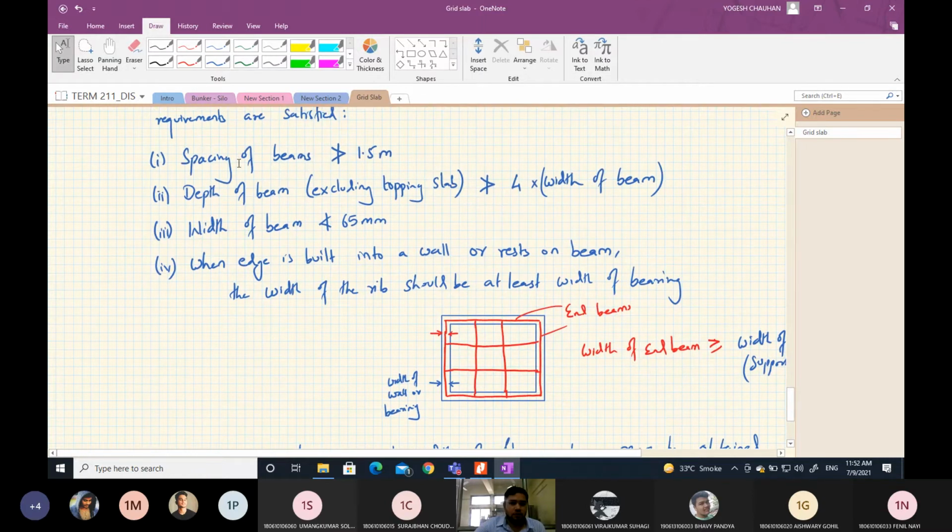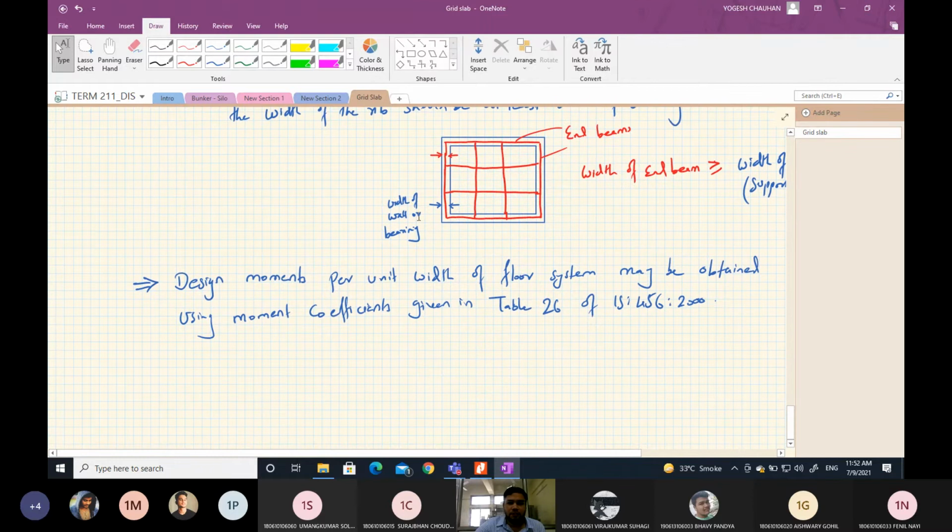Okay, so if these criteria are met, then we can design these grid floors as a solid slab by considering the design moments per unit width of the floor, using the moment coefficients from Table 26 of IS 456 2000.